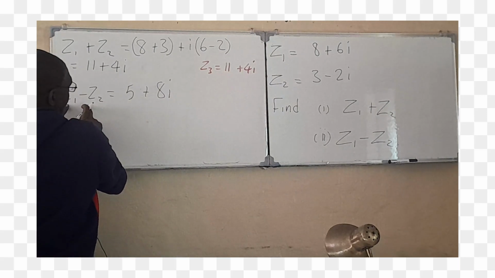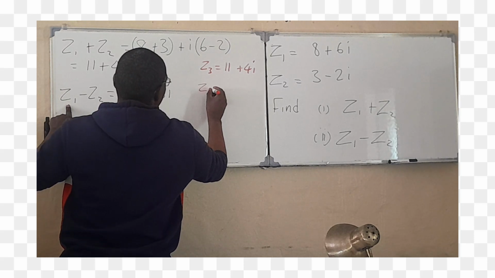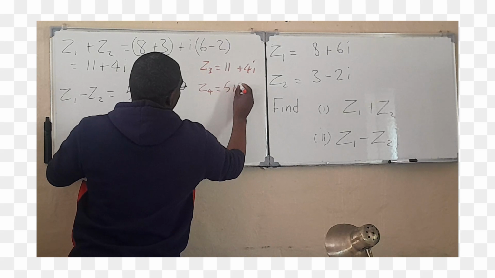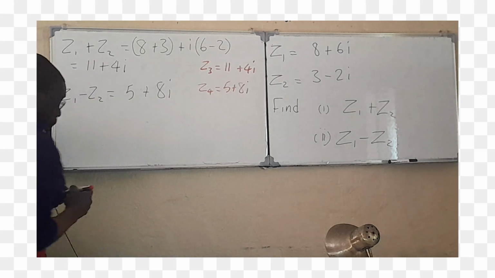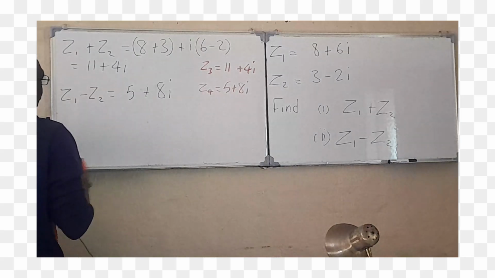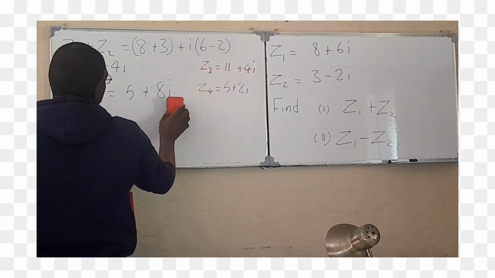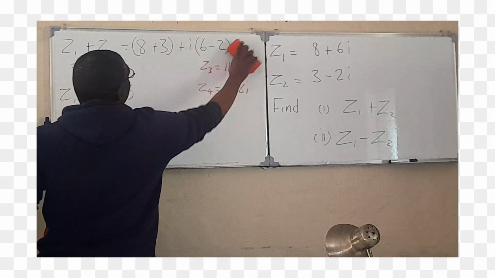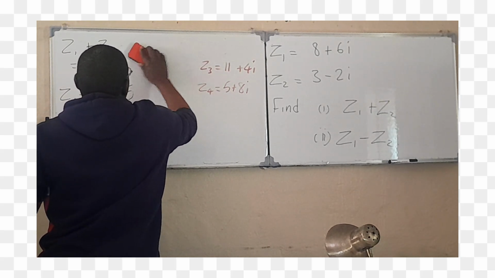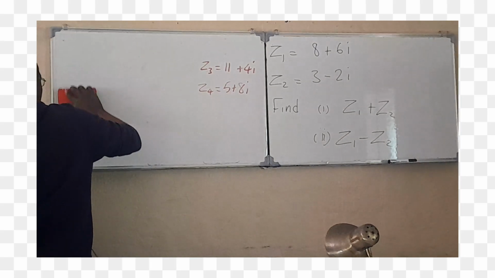And this, let's call it Z4, which is the difference. Z4 is equal to 5 plus 8i. Now, I'm doing this because I just want us to see the relationship on an Argand diagram of all these complex numbers. So I will clear this and leave our Z4 and Z3 so we can plot them.